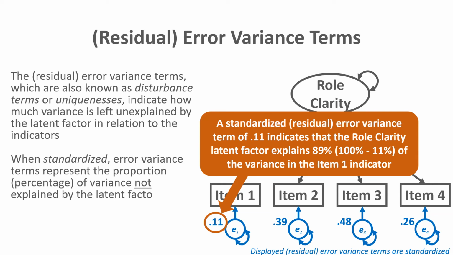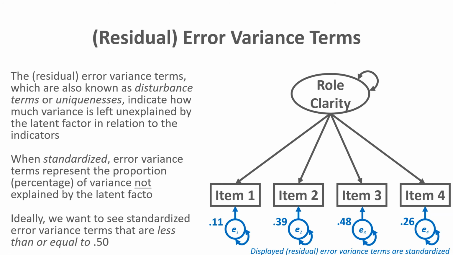Let's look at that standardized residual error variance term of 0.11 that's associated with item or indicator 1 here. Now, it's 0.11, and so this actually indicates that the role clarity latent factor explains 89% of the variance in the item 1 indicator. And so how did I calculate that? Well, I took 1 minus 0.11, or in other words, 100% minus 11%, and that gives me 89%.